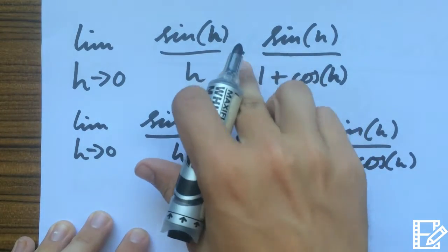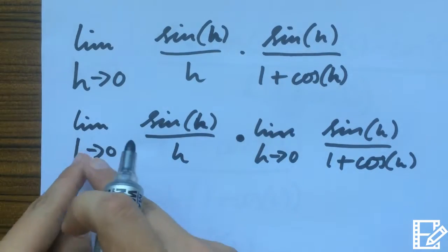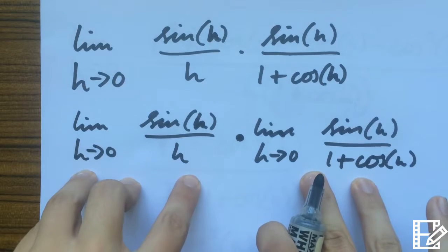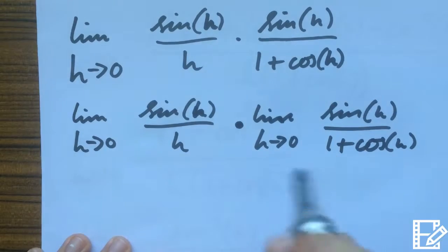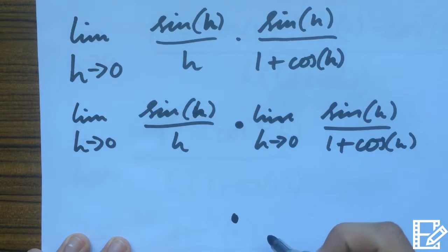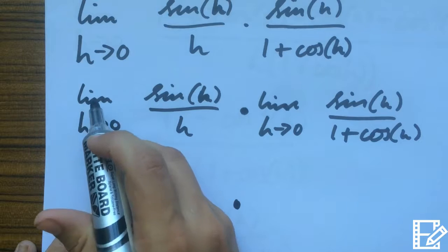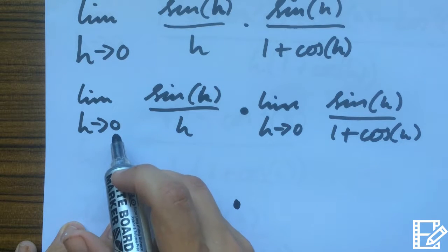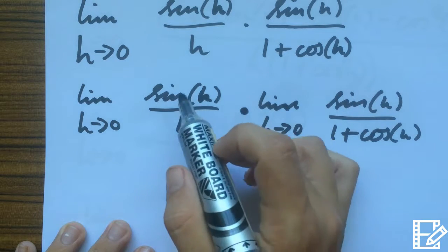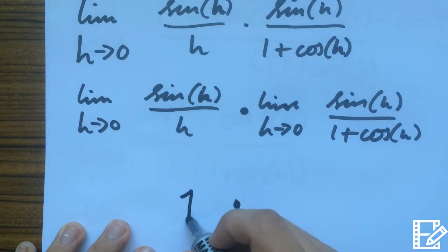Now I'll multiply them after, so I'll write the multiplication sign there. What's this side? The limit of sine h over h as h approaches 0. We already know that to be 1. So it's just 1.